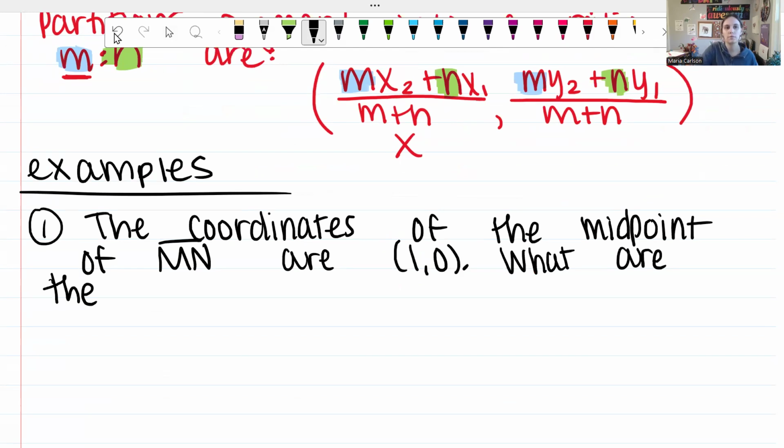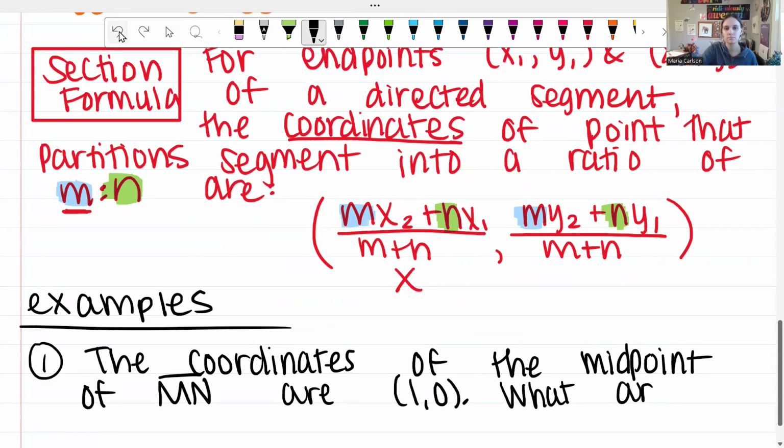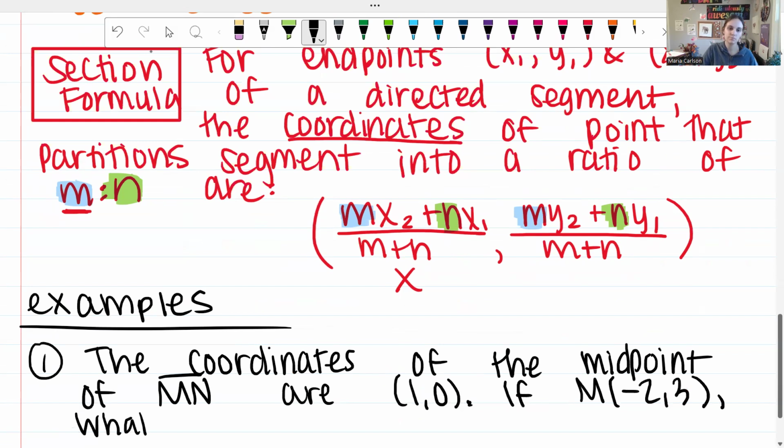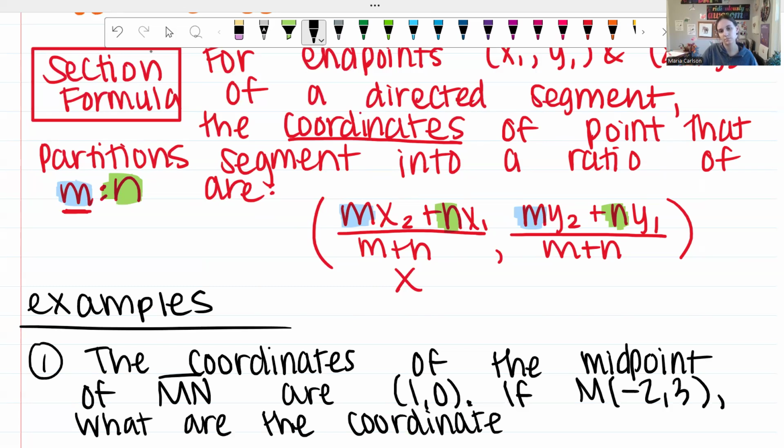Oh, whoa, I skipped part of that. It's supposed to be after the period: if m is -2, 3, what are the coordinates of n?